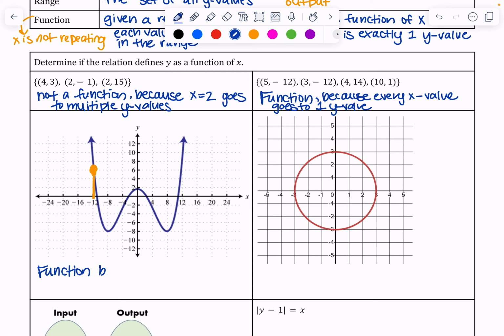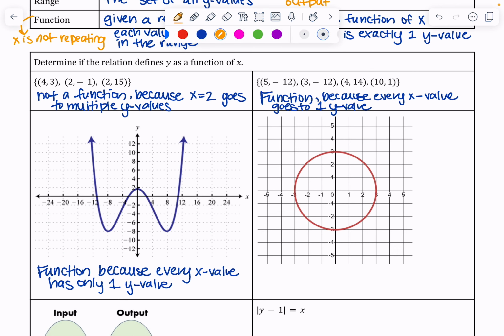That's just because every X value has only one Y value. Any X that you pick on that W, we could pick this X right here, if I draw an up and down line, there's no other place where that W hits X equals, I guess, about 10.